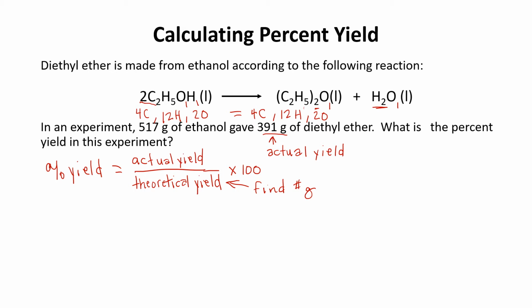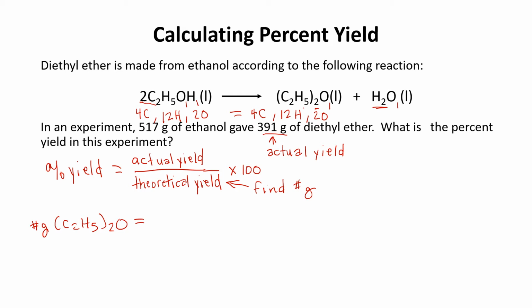So let's go forth here. So we want to calculate the number of grams of diethyl ether, which by the way is a common organic solvent used in the organic chemistry lab. So diethyl ether, we're looking for the number of grams of that.